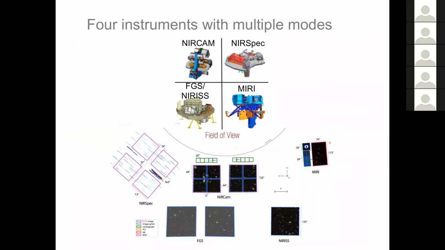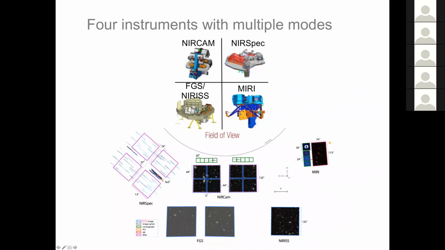Okay, so there are 4 science instruments: NIRCam, NIRSpec, FGS/NIRISS, and MIRI. And what you see here is the actual footprint of each instrument on the sky. I will come back to that later very briefly. It's possible to use more than one instrument at a time to do parallel observations.